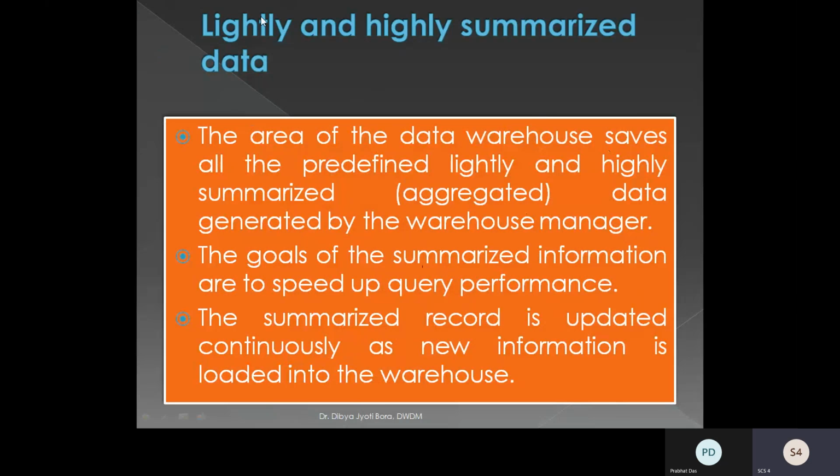So that's why lightly and highly summarized. Lightly because we are not going through each detail. We are having a summarized view of the original data, and also that is historical. Historical means time duration is maintained, so that we can directly pick up the data with respect to the time period we need for the analysis, right? That's what the term lightly and highly summarized data means.